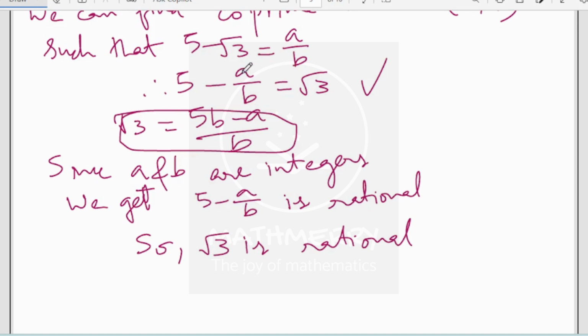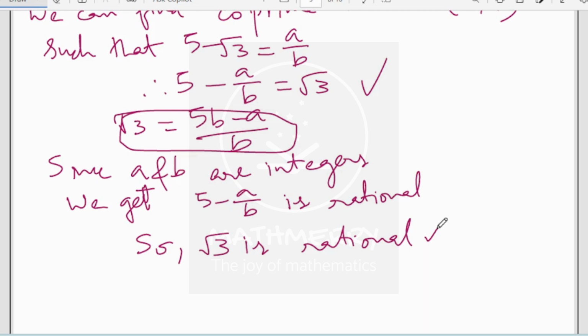So it's more like P by Q, where P and Q are integers and Q is not equal to 0. So obviously it's a rational number. When we subtract this from 5, we are only getting another rational number. So this side of the equation is a rational number, so obviously root 3 should also be a rational number. That's the logic.